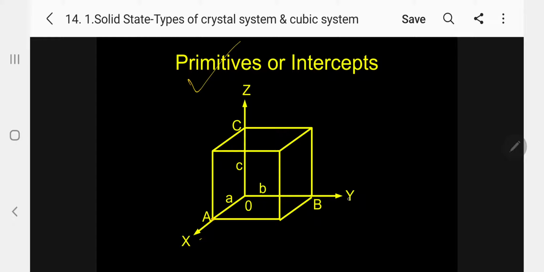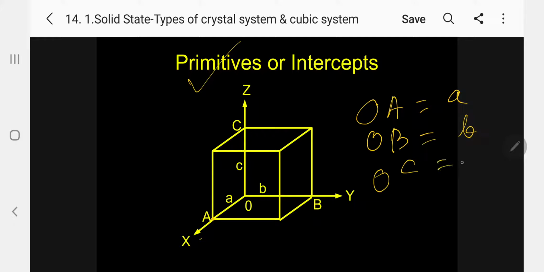Same way OY is cut at B, OZ is cut at C. So along OA, I am using the term a as the intercept. Same way along OB, I am saying b is the intercept. Along OC, I am calling it c. These are the intercepts along the OX, OY and OZ axes.